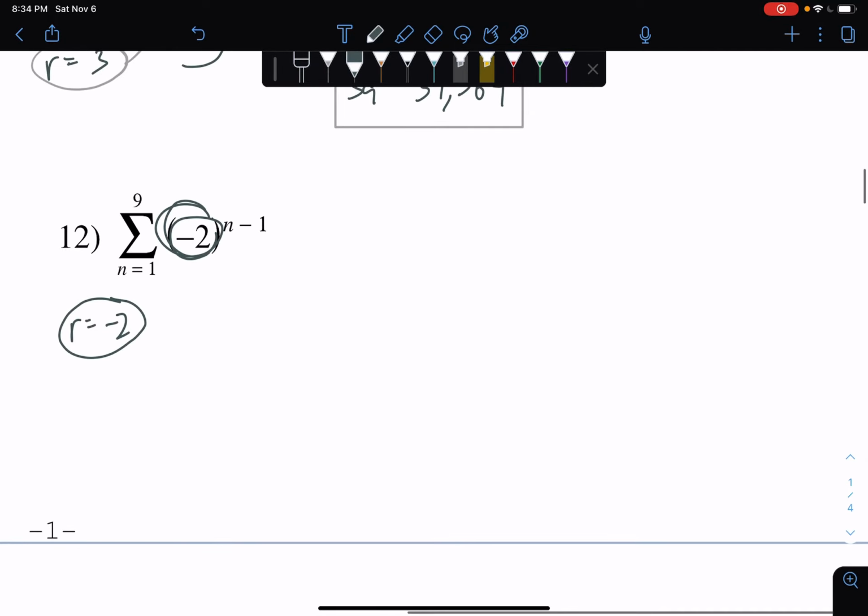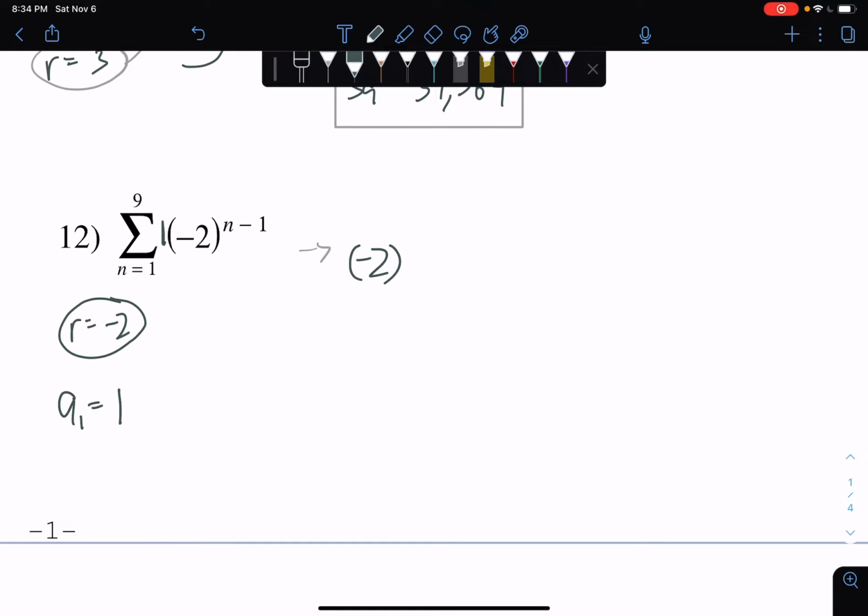For number 12, let's proceed. This is going to be a tricky question. I tried this before doing this video, and I had the wrong answer. So basically, cut it short. Let's find our a sub 1. Negative 2. Let's remove this. So we have a parentheses. Therefore, we can conclude that a is equal to 1 here.